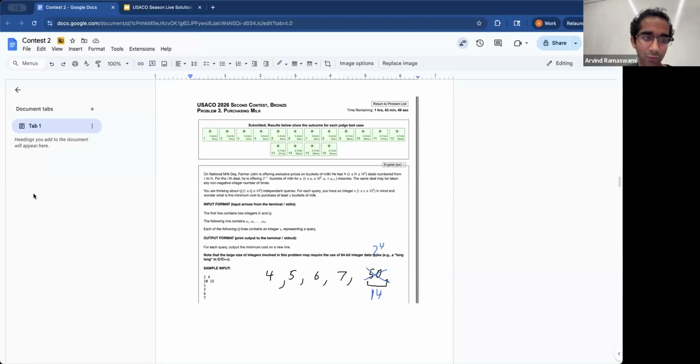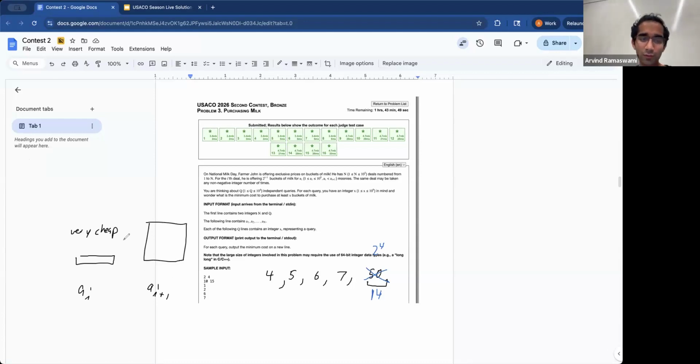I'll try to visualize it. If this one is very cheap, let's say I'll denote the height as the price. This is a_i, and this is a_(i+1).